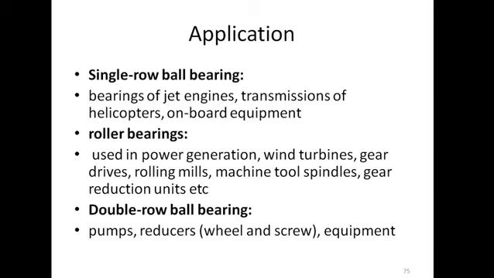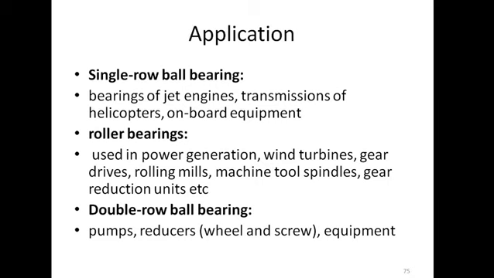Then second one is the roller bearings. Roller bearings we use in power generation, in wind turbines, in gear drives, in rolling mills, in machine tool spindles, in gear reduction units, etc.